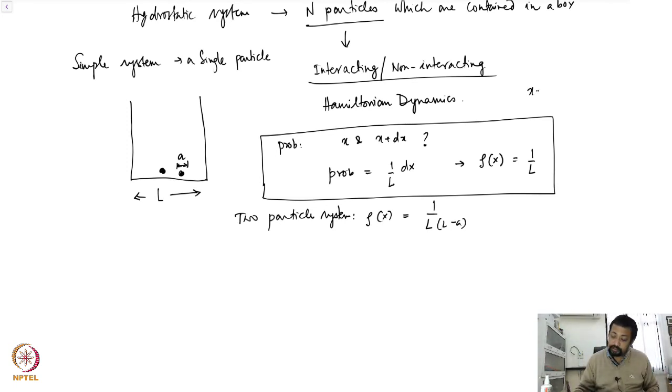I know that the trajectory is x equal to v naught t, so I can find out exactly where the particle is at the same time.